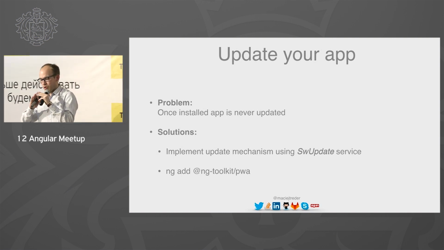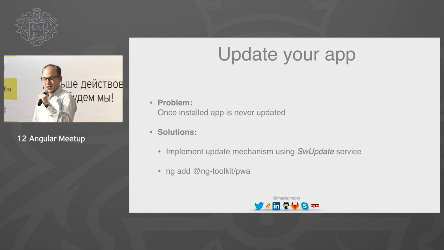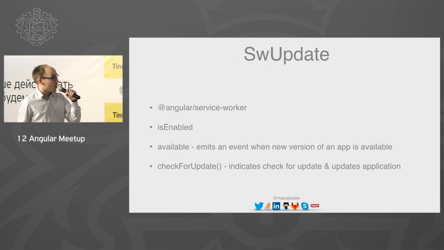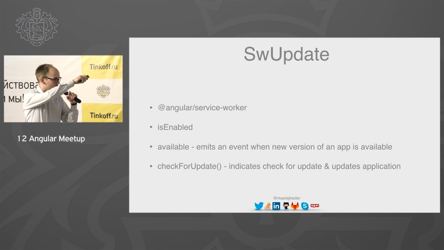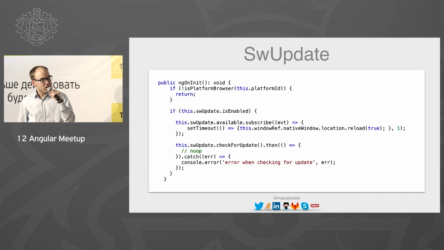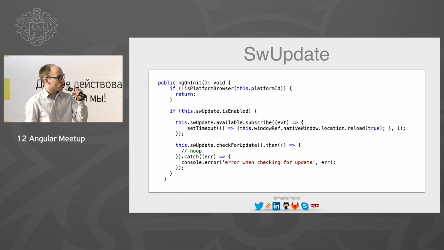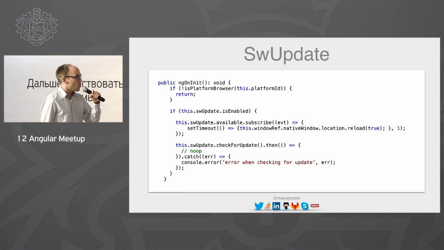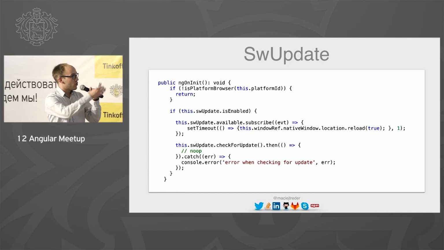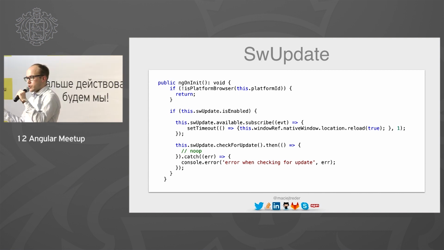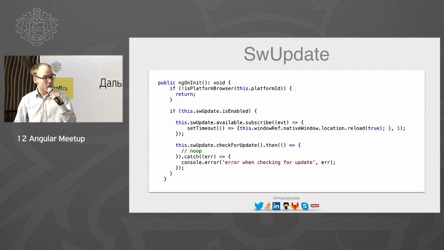So what is the most important? Start from the update mechanism. This is the API of the service, and this is how it is implemented in ng-toolkit, and this is how you could implement it on your own. First of all, we are checking if we are in the browser, because there is no sense to work on the server side.